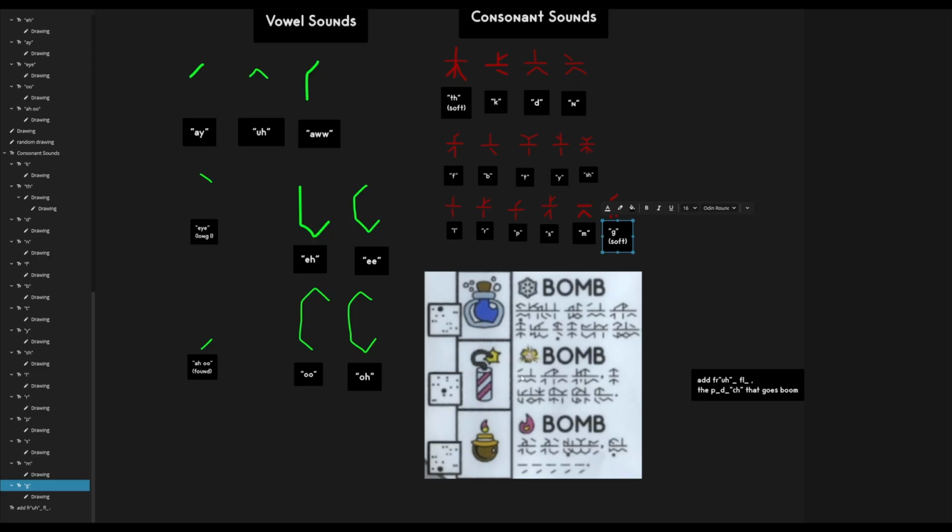If that's an M, why would that be an M? Emmed? Or is it an N? Wait a second. That's not an N. That's an M. Emmed?